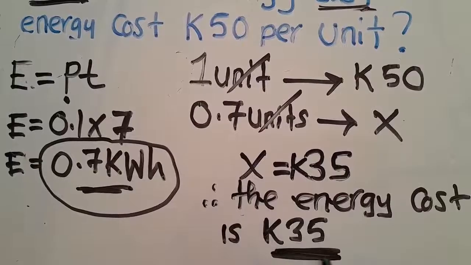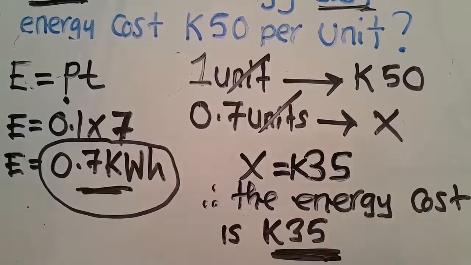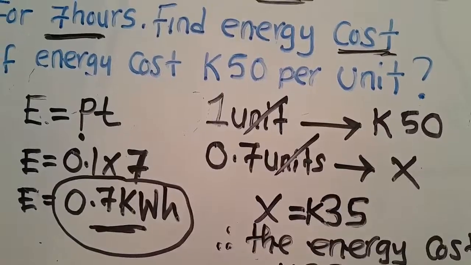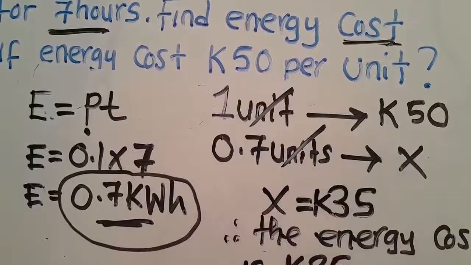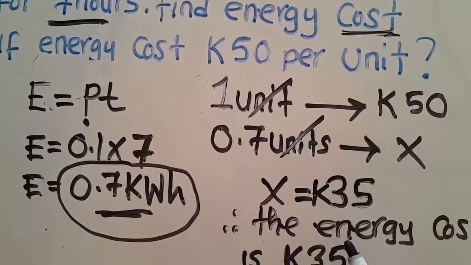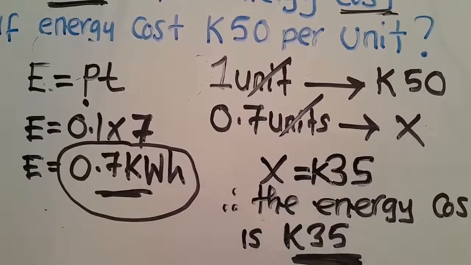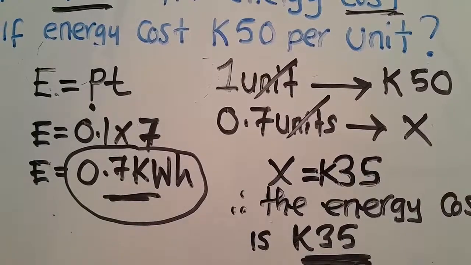So meaning that if we use this bulb that is having 100 watts for 7 hours, and if 1 unit is equal to 50 kwacha, the money that we are going to spend will just be 35 kwacha. So this is how you need to do it. These are the calculations that you need to do.